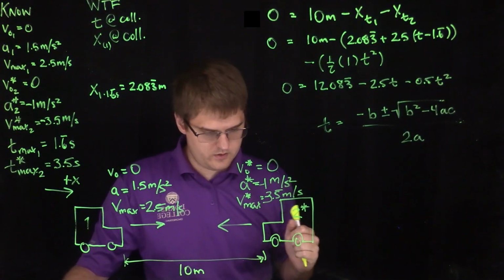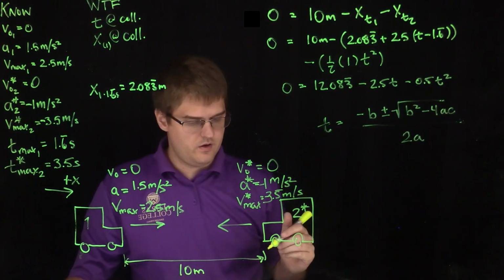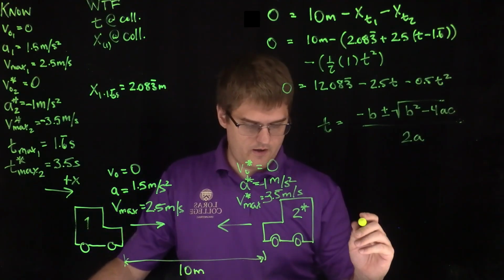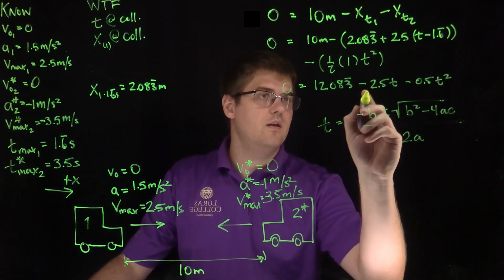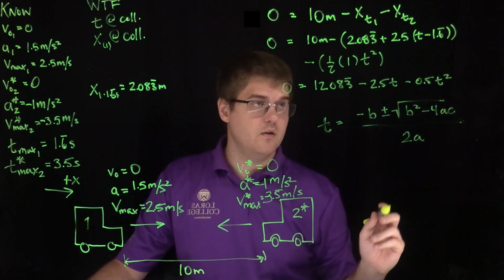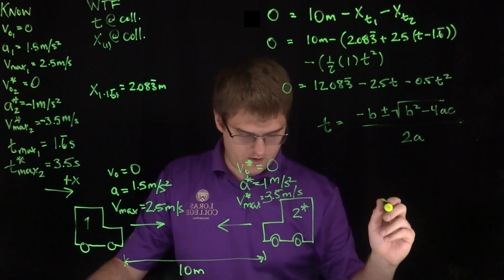Losing pen here. So with this, we have b is, okay. What I did here is I doubled a lot of this before I did it.